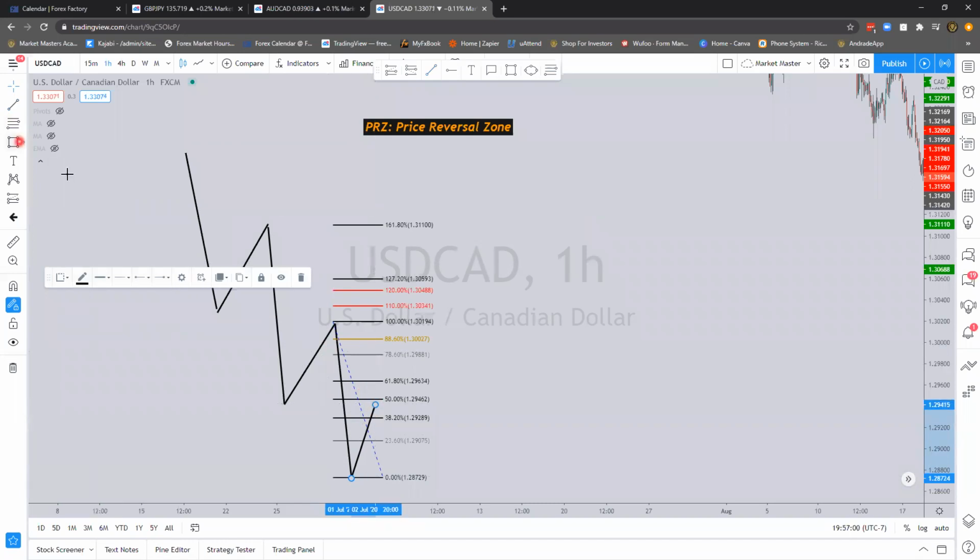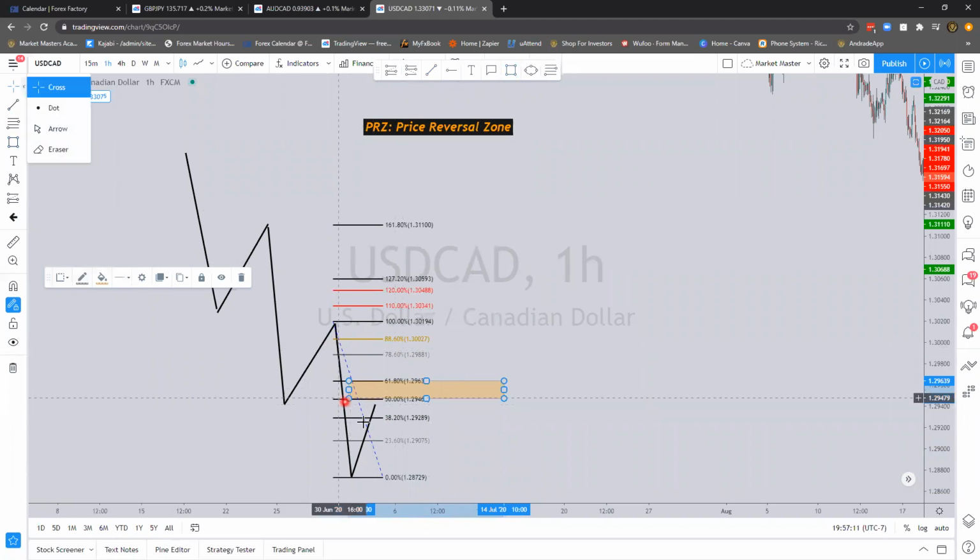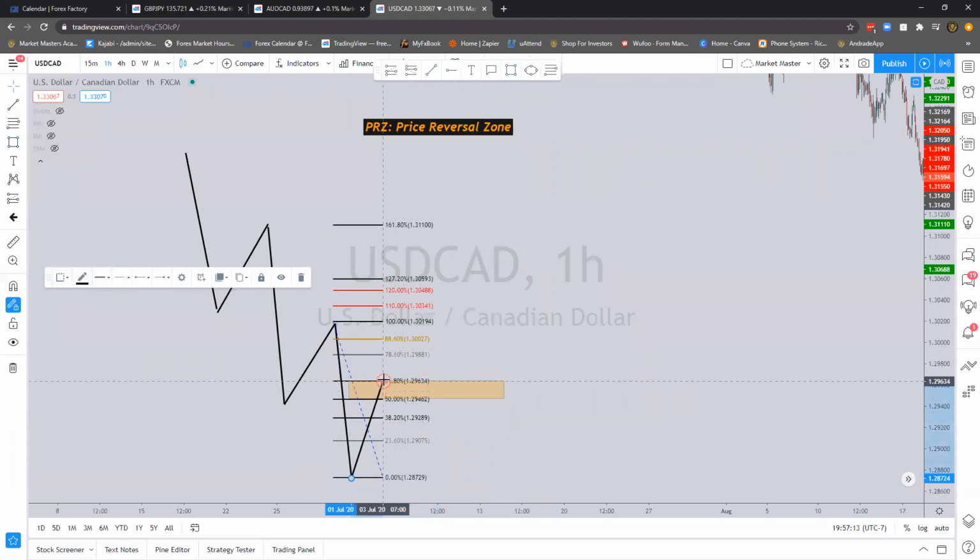And usually the price will go up to this area in between 61.8 and 50%. So I draw a box in between here just because it doesn't always go all the way up to 61.8, exactly on this area. It sometimes is in between the middle of this box and then starts its reversal coming down.